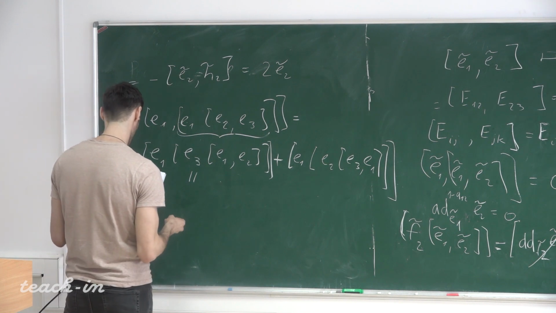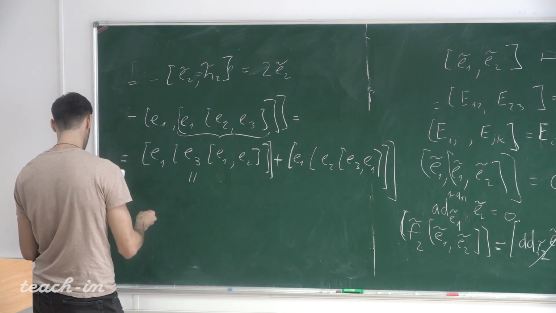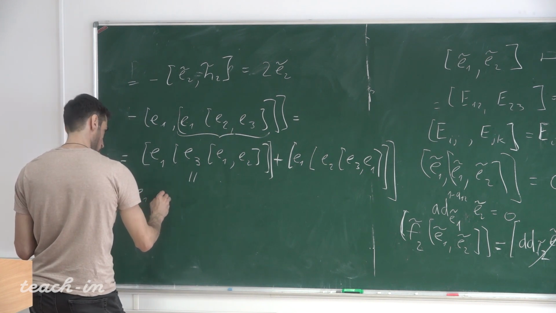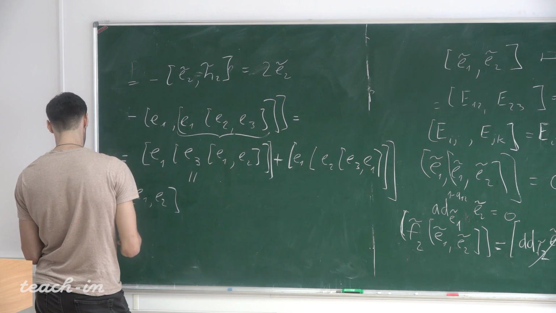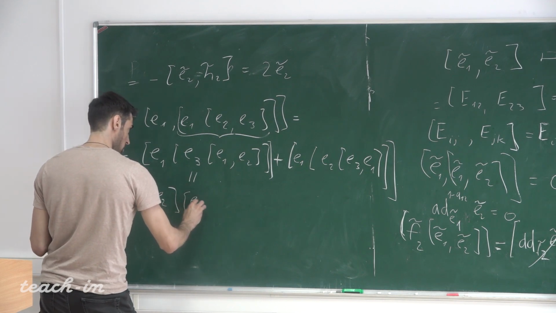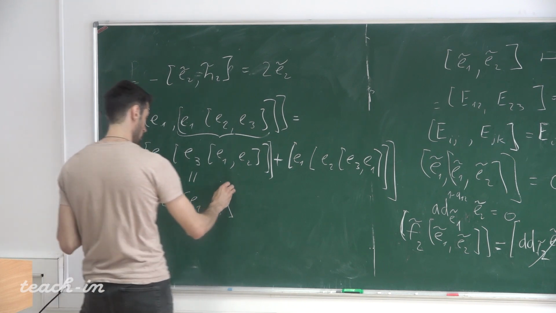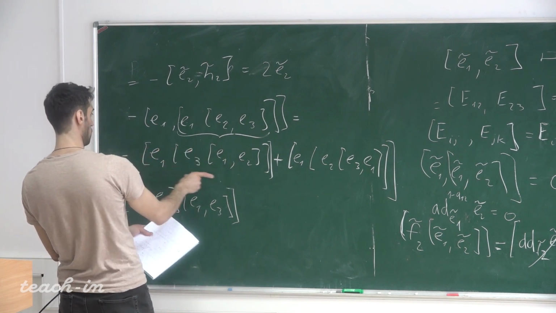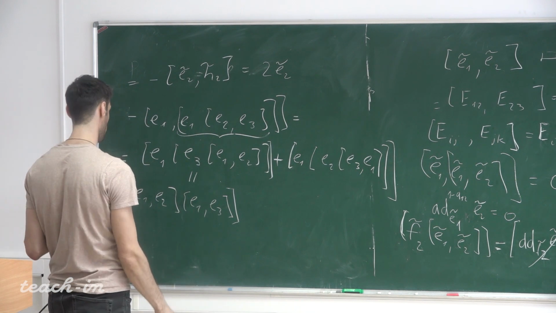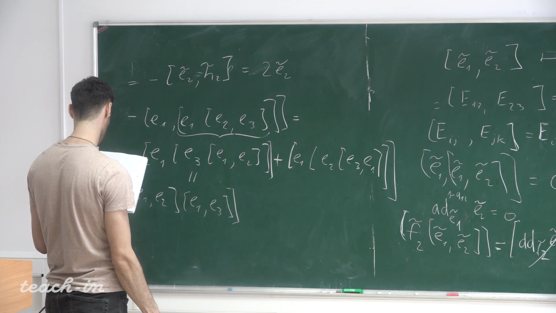Okay? So for this one, it will be E1, E2, E1, E3, right? So E1, E2 goes to the first one, E1, E3, yes, I'm writing it.